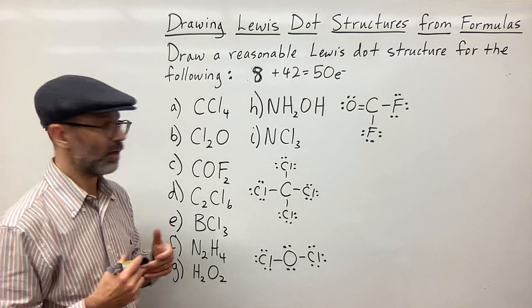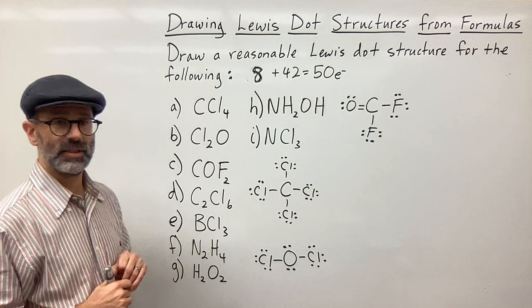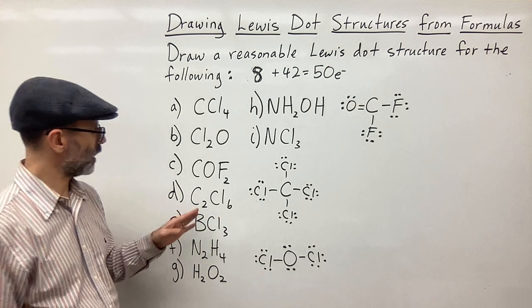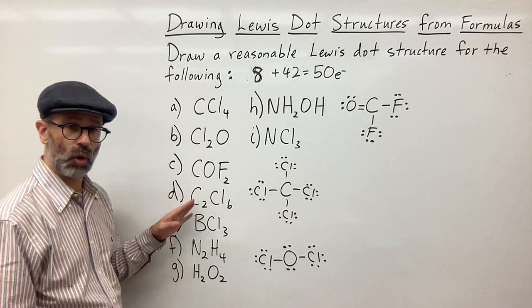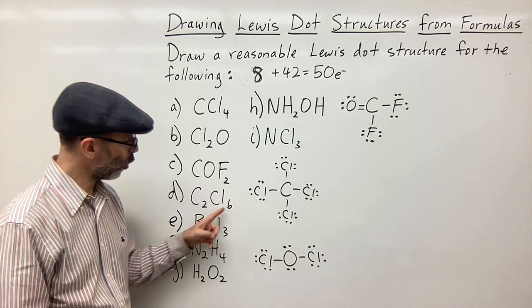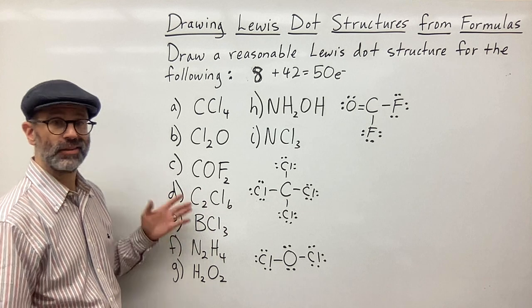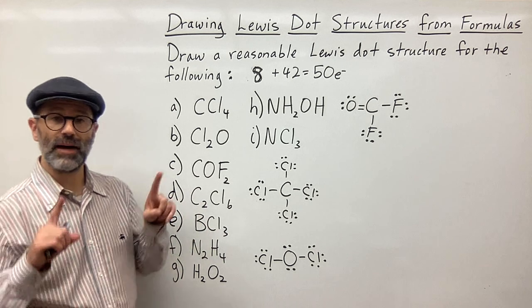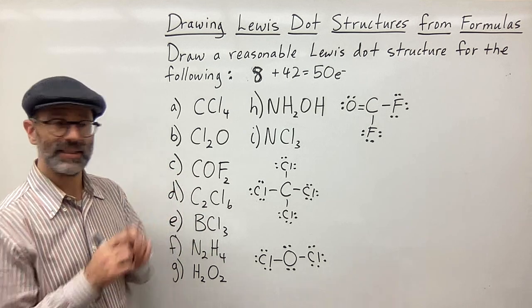Whew. Okay, so now we have to set up our skeletal structure. So again, our central atom is going to be carbon. It's written first. It's lower in electronegativity. It bonds more. And notice I have more chlorines compared to carbons. So it's going to be our central atom. So we have 2 of them. So that means we're going to have 2 central atoms and they're bonded together.